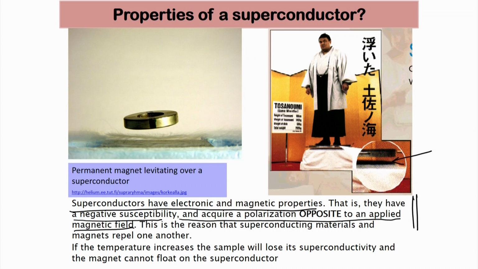So, the superconducting platform: the plank or the layer of the material on which the sumo wrestler stands is the top one, and the bottom one is a superconducting sample. So, this levitation can actually support the weight of a sumo wrestler. This is what is being said in this diagram.